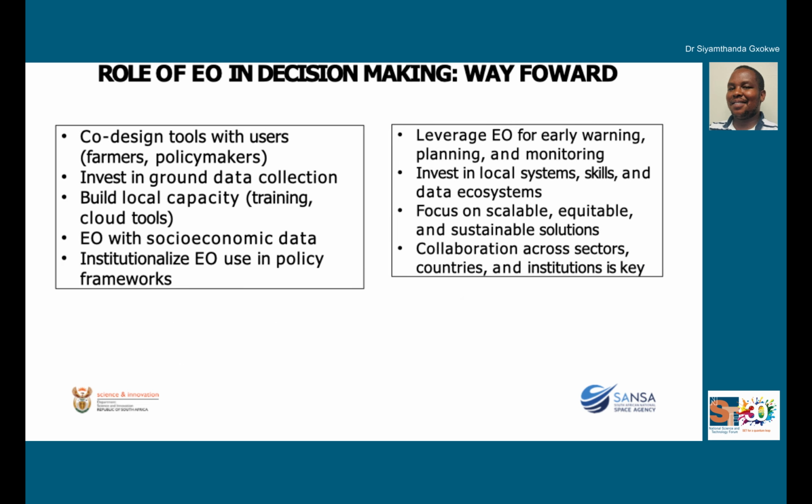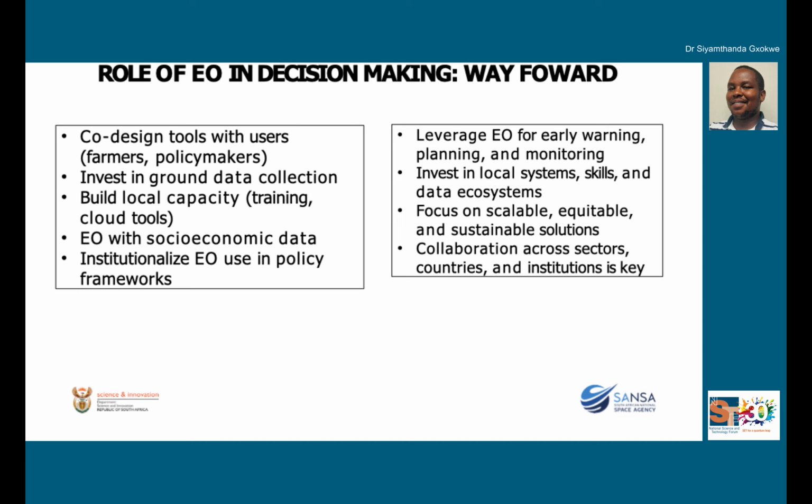And as a result, we've proposed some ways forward based on some of these noted things, while we are building these systems and engaging other users. We probably need to co-design these tools, which means that they need to speak directly to the needs of farmers and policymakers. And then we also need to invest in ground data collection.